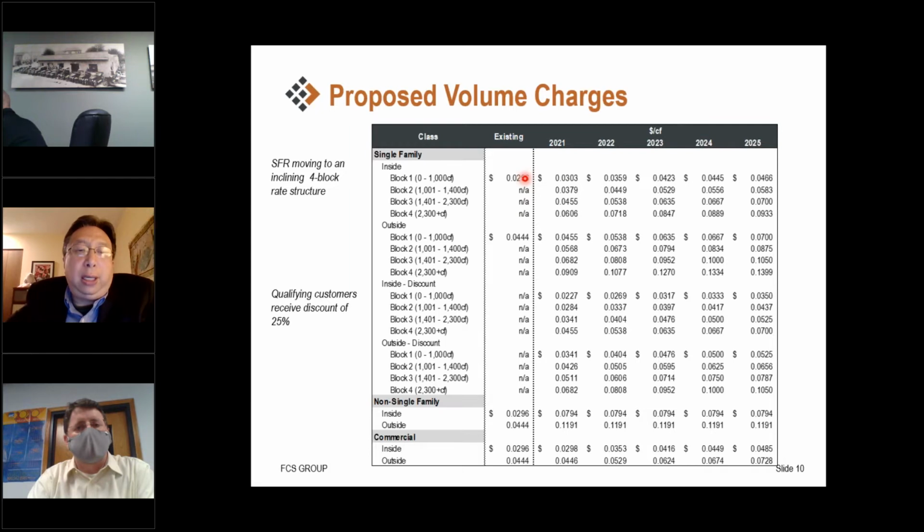And if the city would like to do that, then I can certainly rebuild this table and show you what this rate would be. Basically, it would show a 15% increase over this charge in 21, another 15% in 22, another 15% in 23, and then 5% per year thereafter.